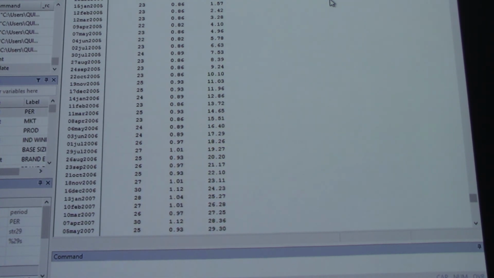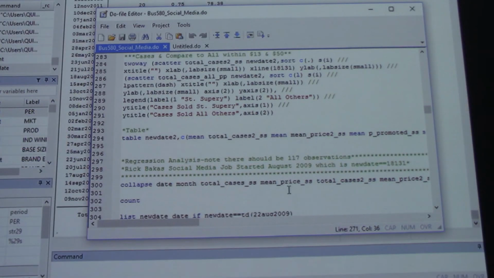So essentially what we want to do is collapse the data on date. We should only have 117 observations, which is the number of periods we have. We don't necessarily want to run a regression on this because it's almost like double counting observations. So we need to collapse this data.